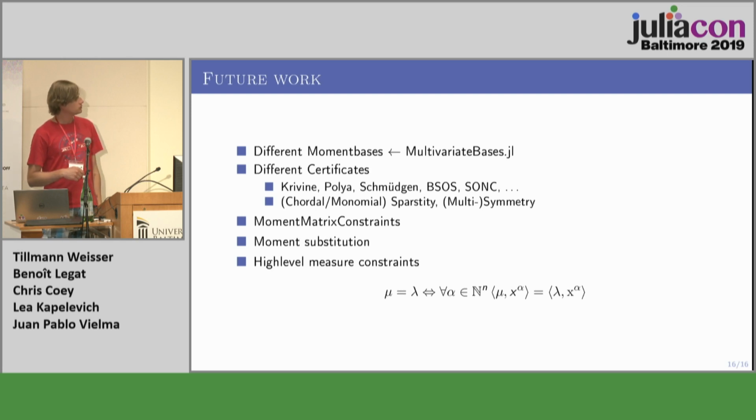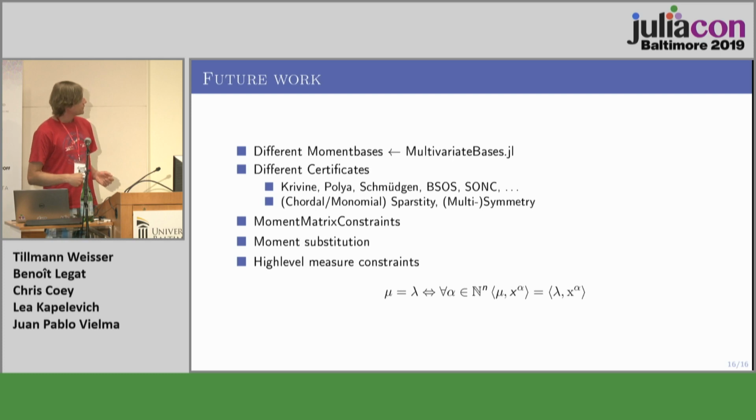I want to implement moment substitution. So if I say the mass of my measure is 1, I don't want to create this variable. I just want to replace it from the beginning. So I mean, mass of a measure equals 1. This corresponds to a variable in the dual, right? And I don't want to create this variable.